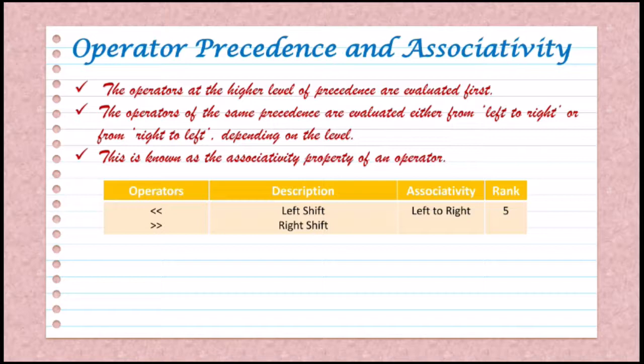Next, fifth rank will be given to left shift and right shift, and they also execute from left to right.